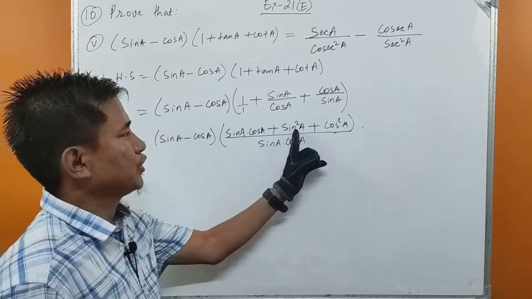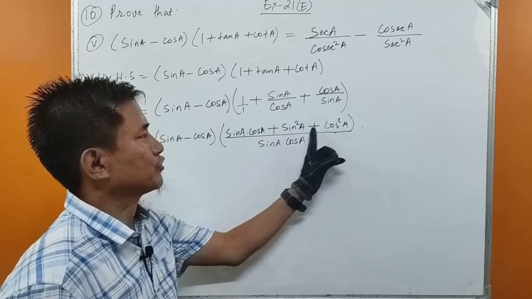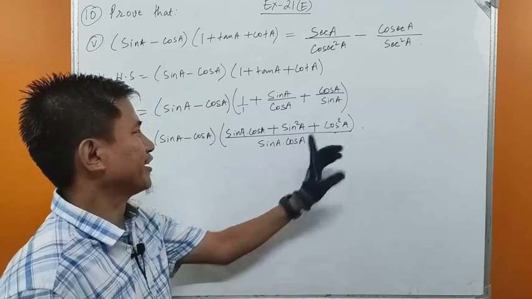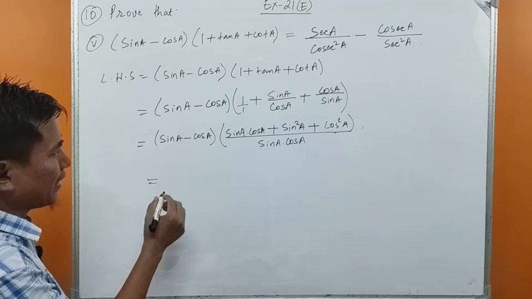Now please don't think of writing this as 1. Sin square A plus cos square A is 1. We know that, but don't write that, because we have another formula in mind.